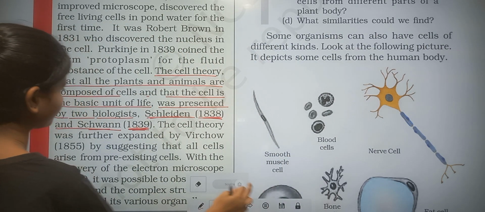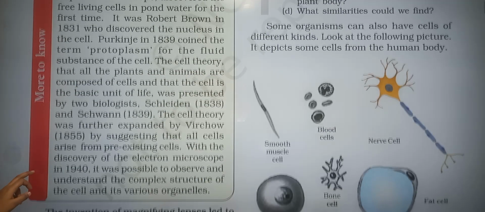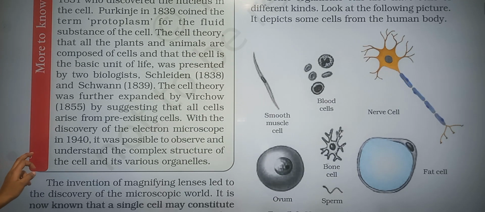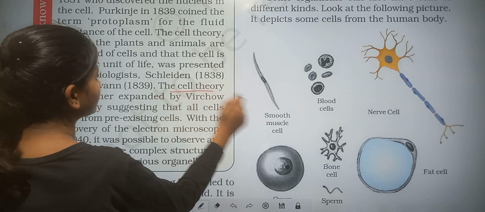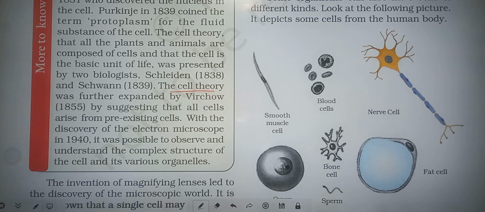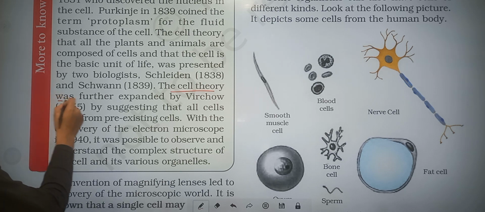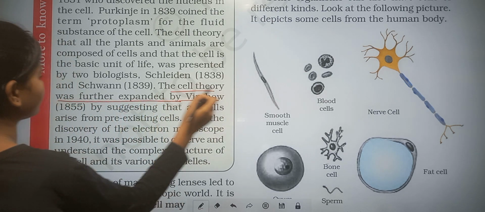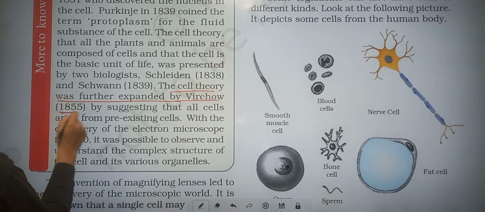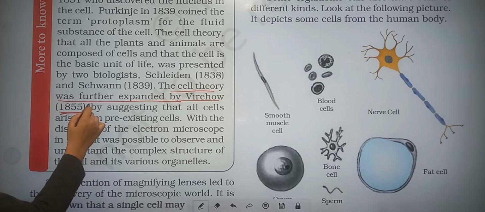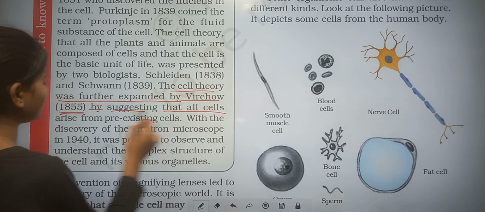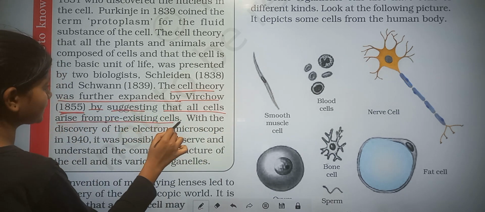Now, the cell theory was further expanded by Virchow in 1855 by suggesting that all cells arise from pre-existing cells.